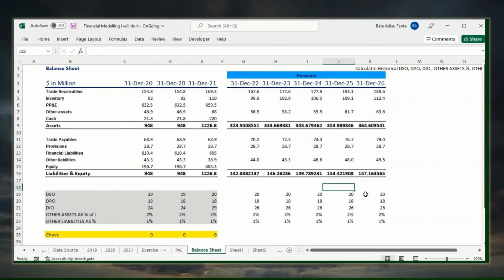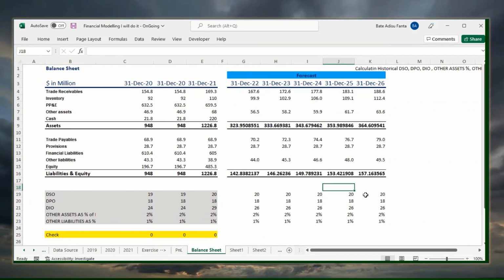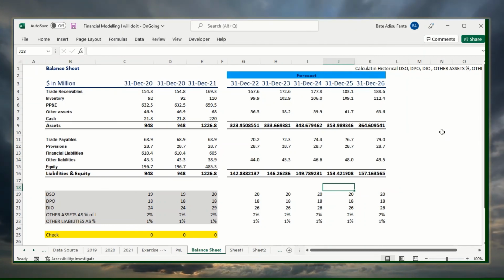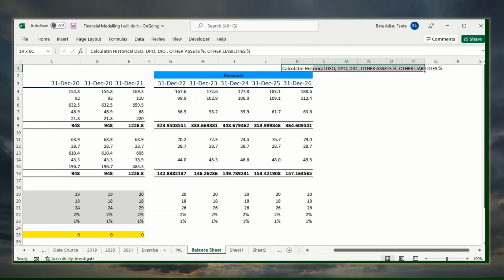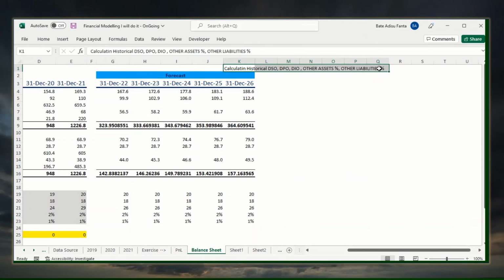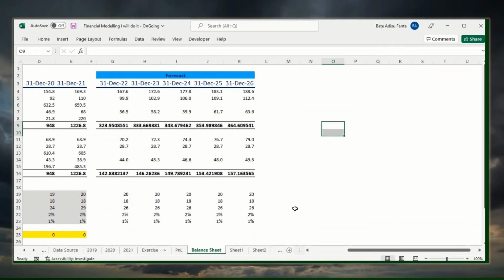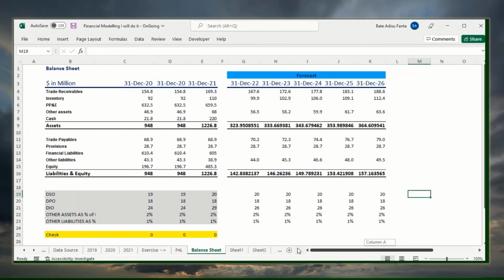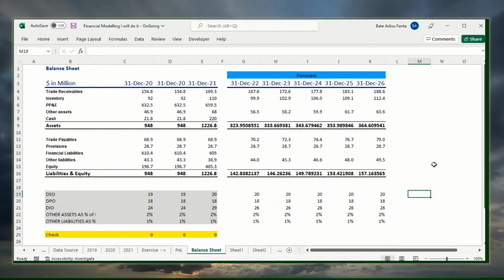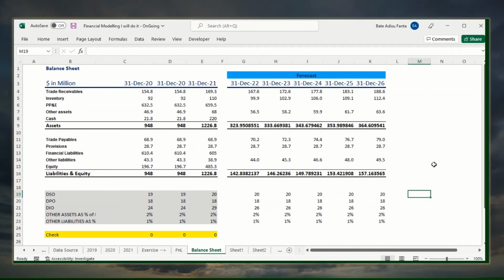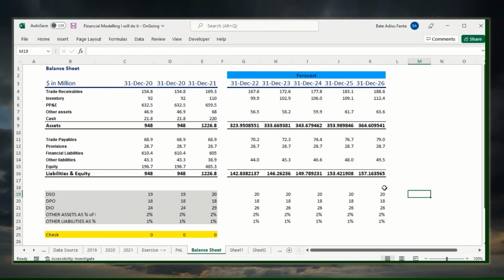All right, I think it is a little bit complicated, but it can be understandable. If you have any question, you can write in the comment section. By now we have already filled more than half of the balance sheet items.